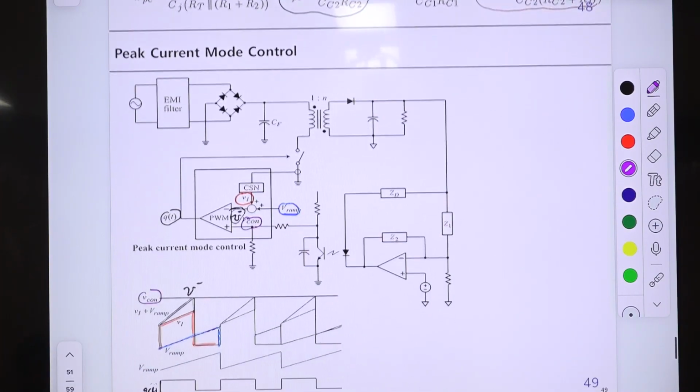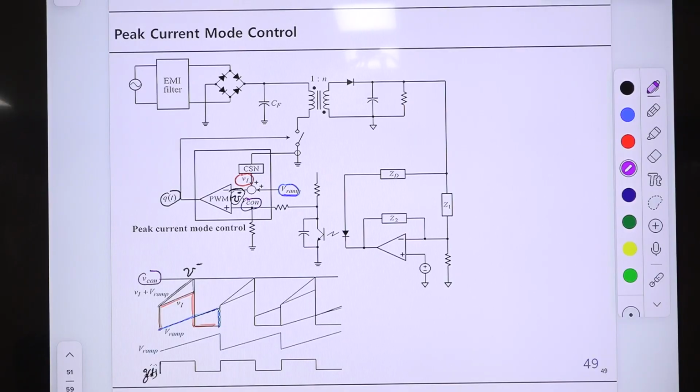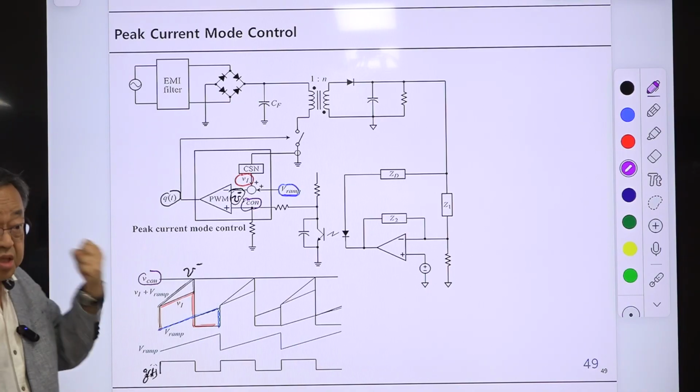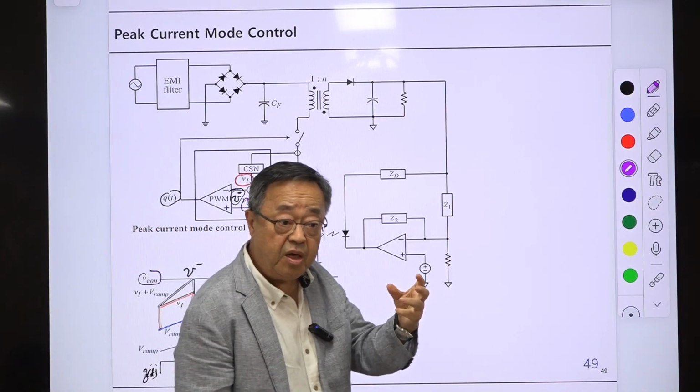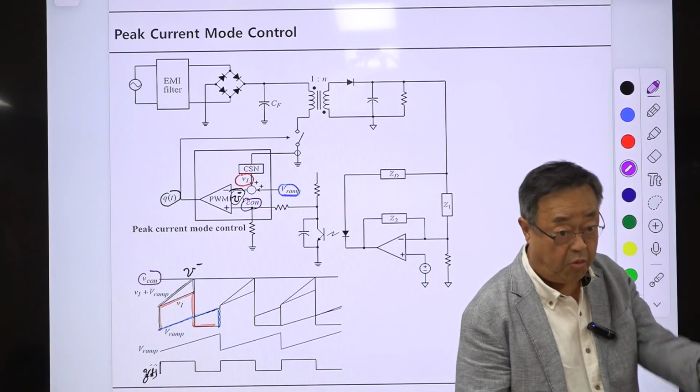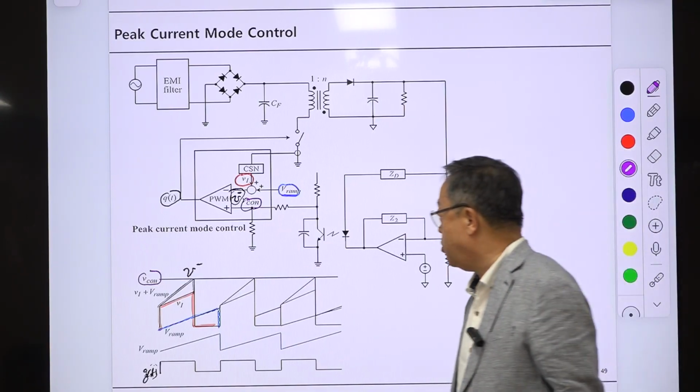I think I explained this several times. And peak current mode control. Peak current mode control uses the peak value of inductor current. Magnetizing inductor current is sampled by sensing the switch current, and that information is mixed with compensation ramp and compared with the control voltage to generate the PWM waveform.